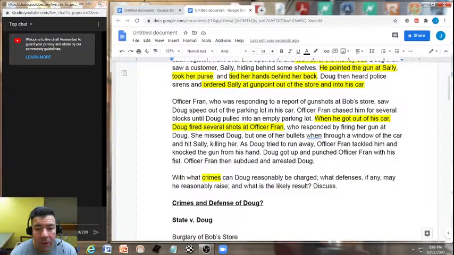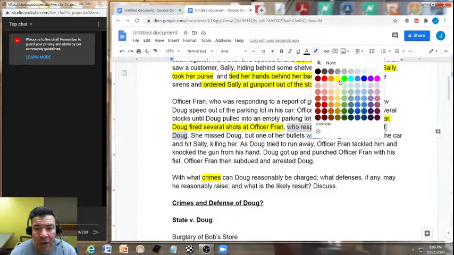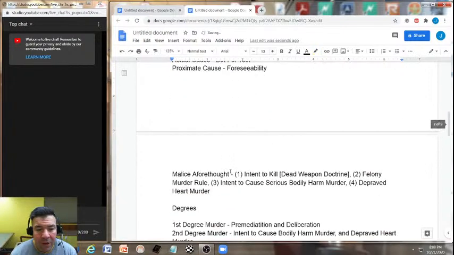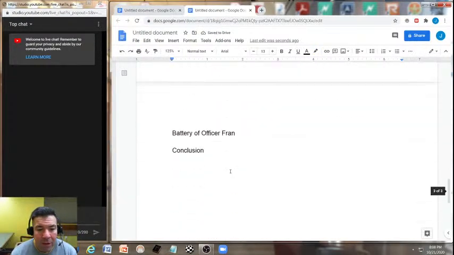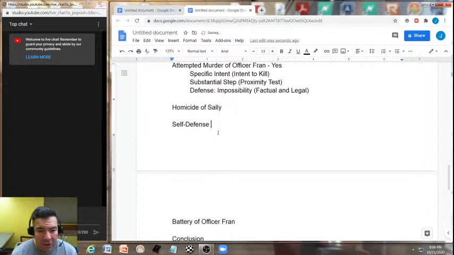Now, the response of firing the gun at Doug would represent a possible self-defense argument here. So we want to make sure to come down and put a fact or two that are going to help us remember what the self-defense pertained to. So, Officer Fran firing gun at Doug. Okay, good, right here.